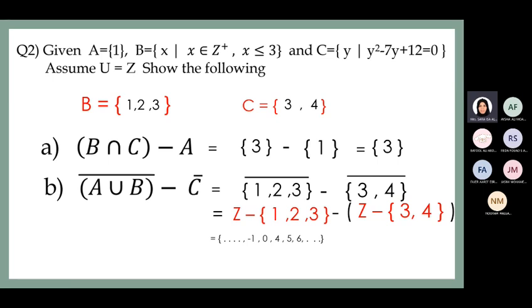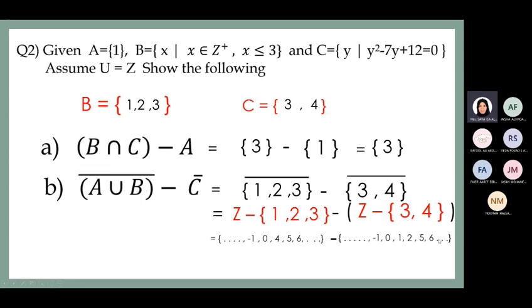You can list them or keep them in the general form. If I list them, it means 0, minus 1, minus 2, minus 3, till minus infinity, and 1, 2, 3 are not there because they are removed, then 4, 5, 6 to plus infinity. Remove from that Z minus {3, 4}, which means all integers from minus infinity to 2, with 3 and 4 not there, then 5, 6 to plus infinity.